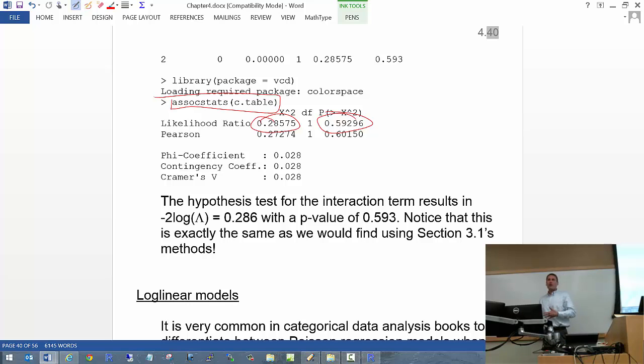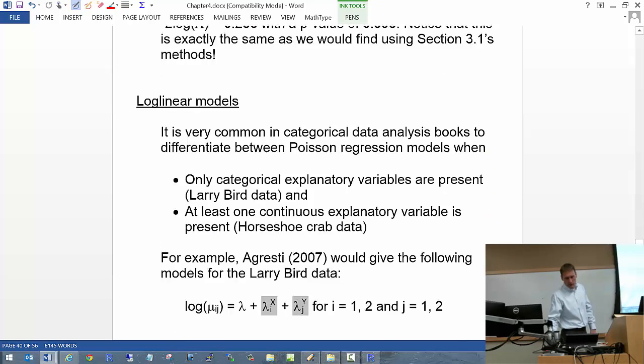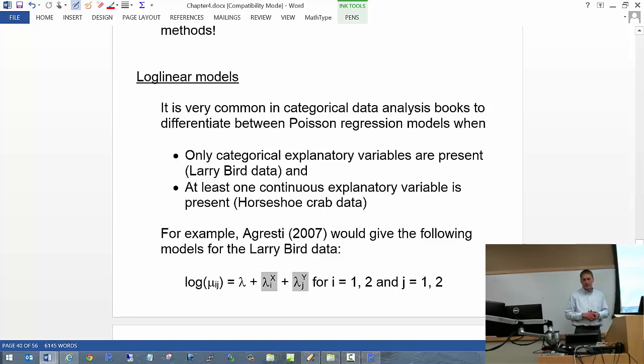And so what the Poisson regression model allows you to do is easily add those additional components as explanatory variables to the model. So then that gets us into what are called log-linear models.